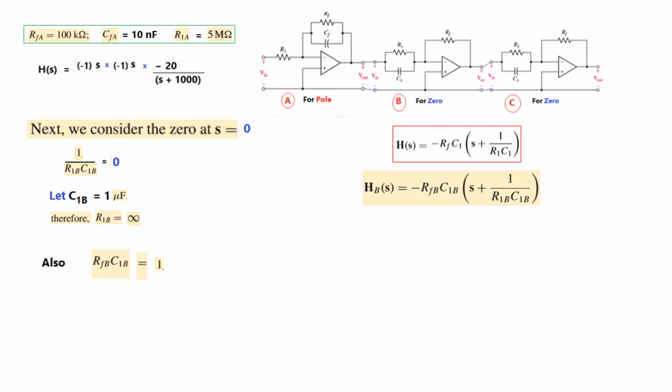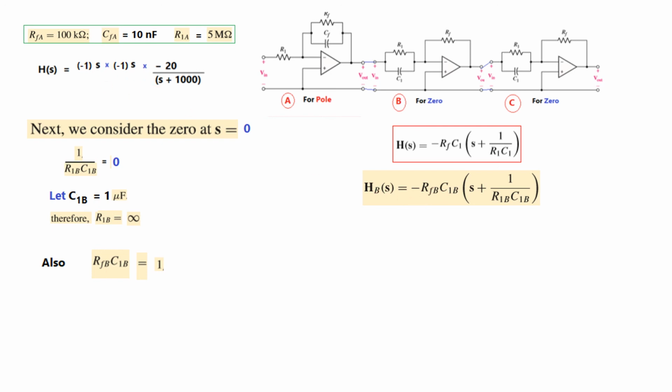And also the numerator is just 1, or minus 1 actually. From here you can see minus RFB CFB, and this is equal to minus 1, so minus minus cancels.